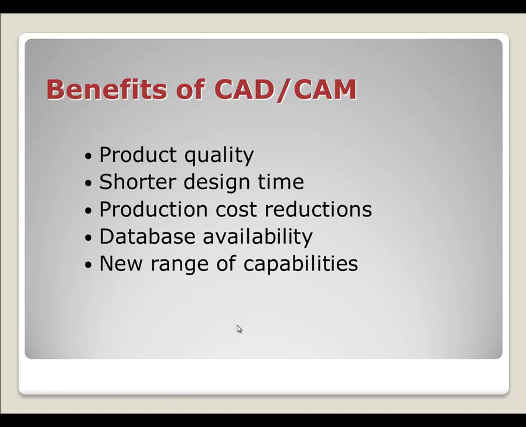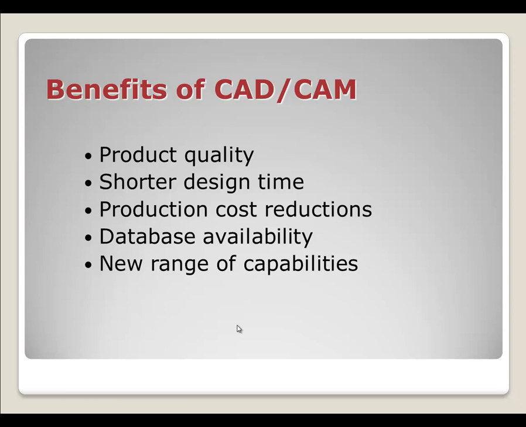The benefit of having a computer-aided design that could be input into computer-aided manufacturing software is the ability to produce higher quality products. That will also shorten the time of the design. In addition, it will reduce the cost of production.